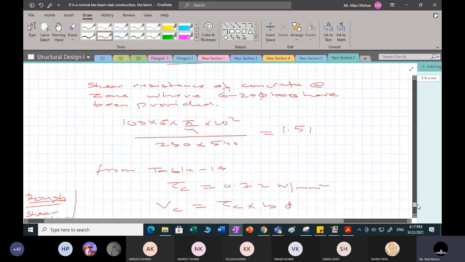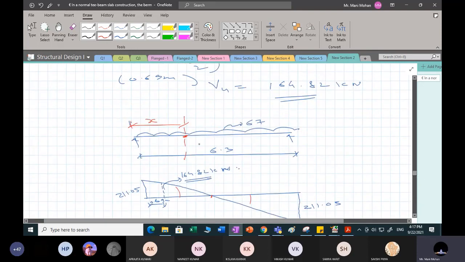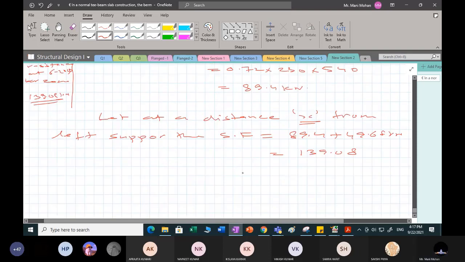So what will be my expression? At this section, my shear force will be reaction minus 67 into x. So I can write here reaction minus 67x.